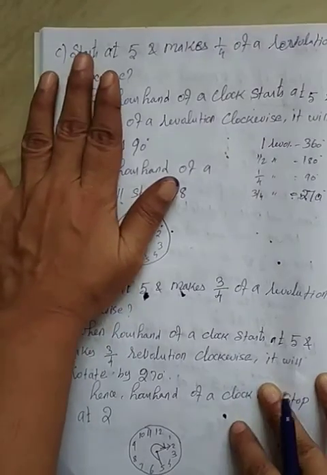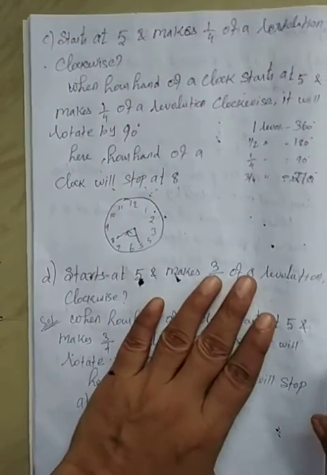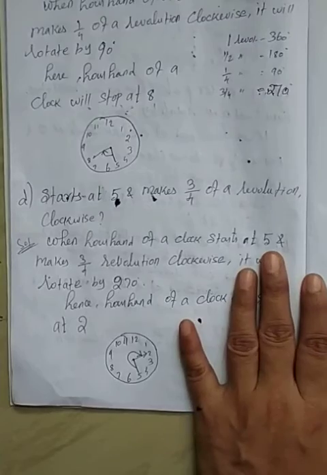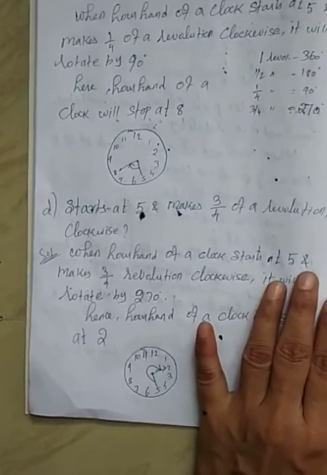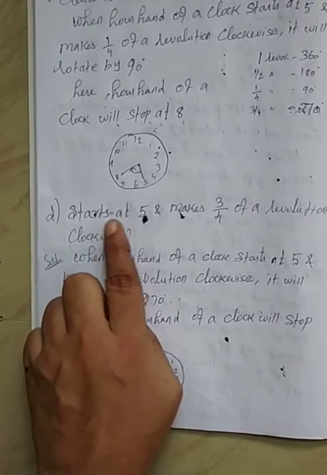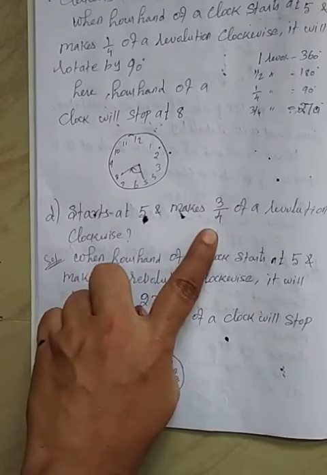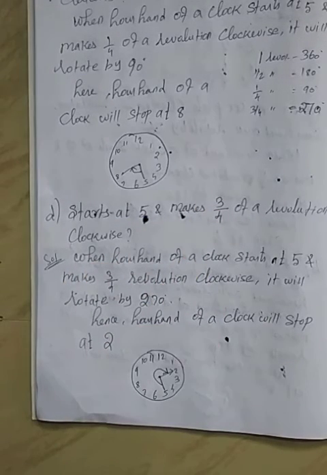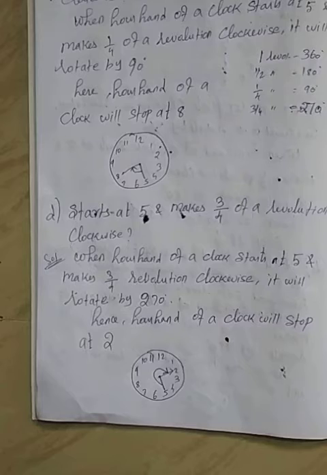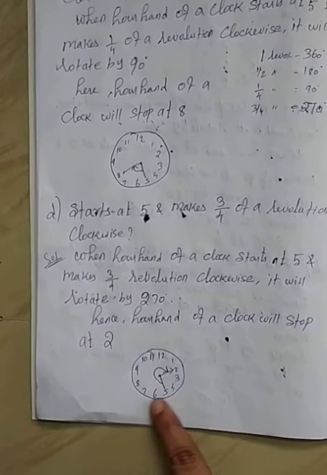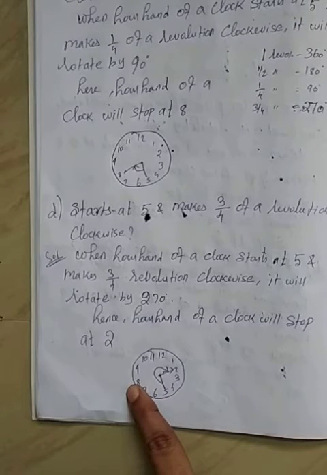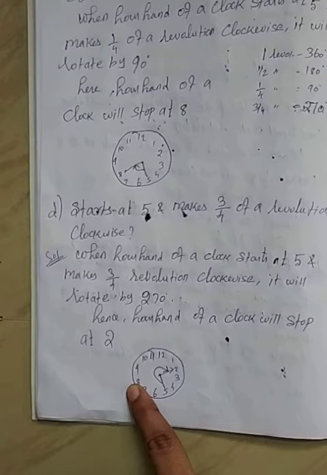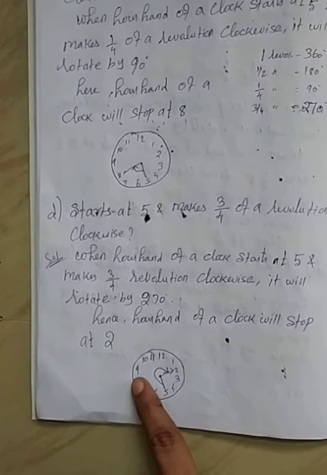Now similarly you can do problem 2 and then problem 3, the same method. Fourth problem also uses the same method, but see the diagram, that is very important. See here, the fourth problem starts at 5, makes 3 by 4 of a revolution. 3 by 4 means 3 right angle. So 5, after that 6, 7, 8, 1 right angle. This is 1, 1, 2, 3.